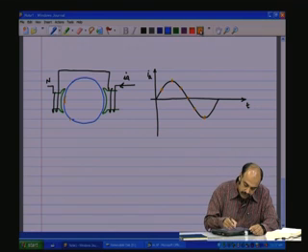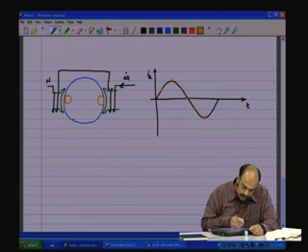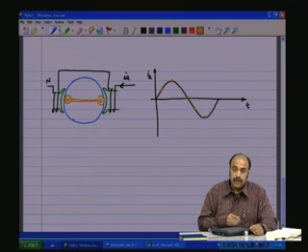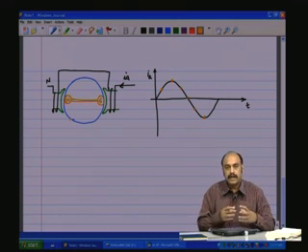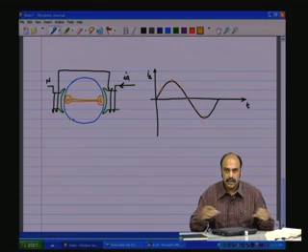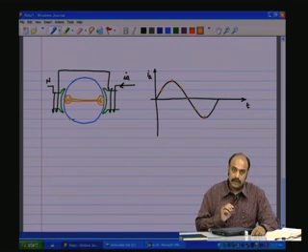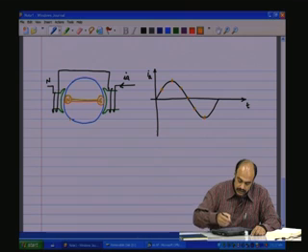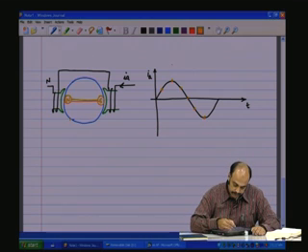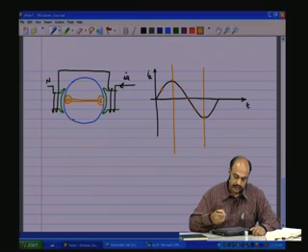So you would have a dumbbell which would reach the negative maximum, that is, this is south pole and north pole. Like that, you will see the dumbbell swinging along that axis depending upon the amplitude of the current.